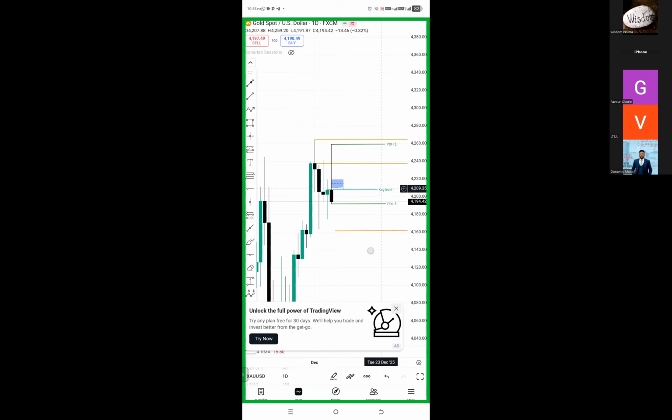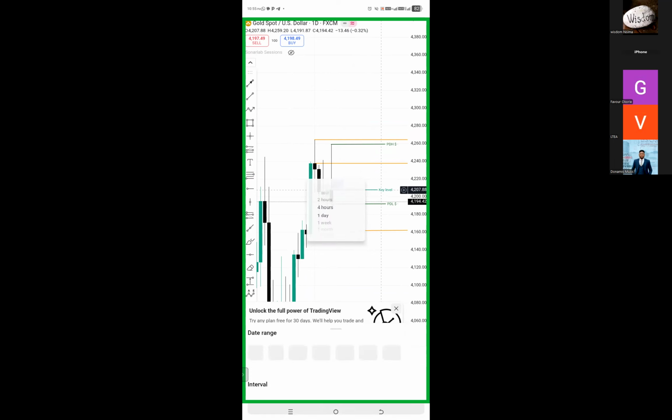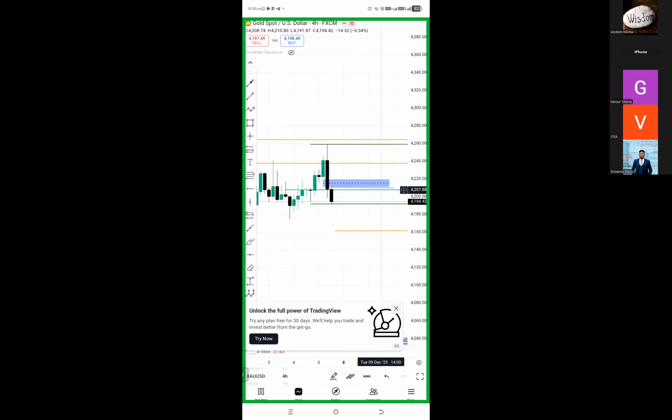But I want to know where the intermediate time frame is heading to. And when I got to the 4 hour, I saw that it's still selling, it's still dropping. The 4 hour is still dropping, you can see.